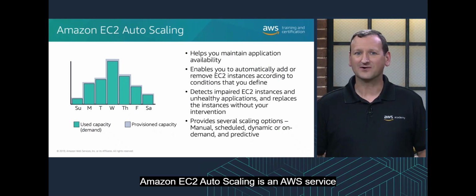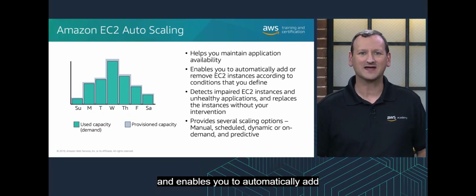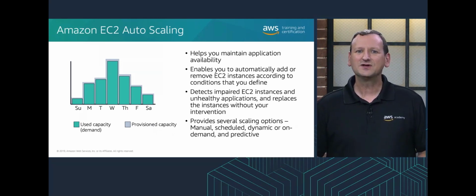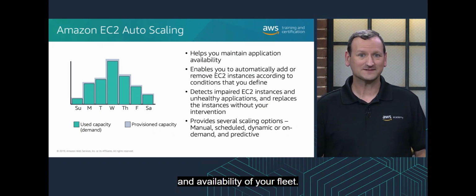Amazon EC2 Auto Scaling is an AWS service that helps you maintain application availability and enables you to automatically add or remove EC2 instances according to conditions that you define. You can use the fleet management features of EC2 Auto Scaling to maintain the health and availability of your fleet.